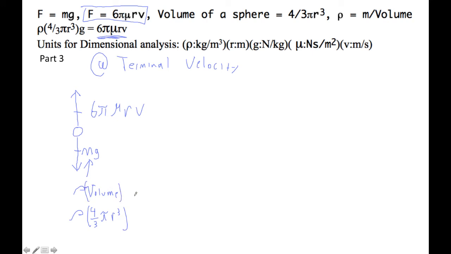So this equation ends up being 6 times pi times the viscosity of air, which is something we know, times the radius of the drop times its terminal velocity, equals the density times 4/3 pi r to the third, times gravity. Okay, now you're going to solve this.